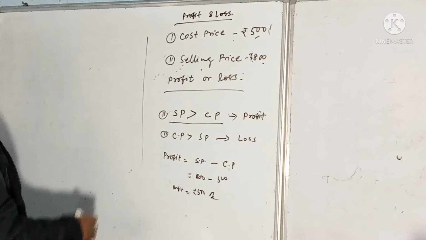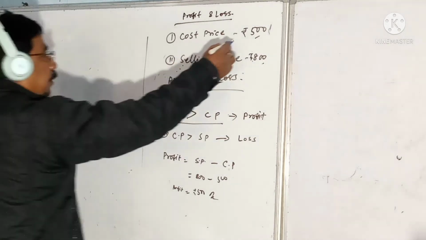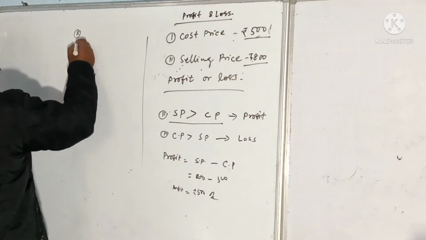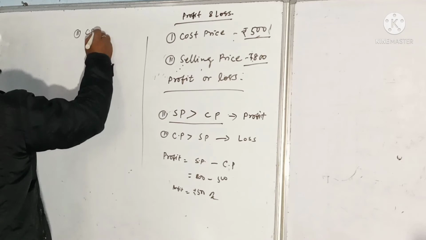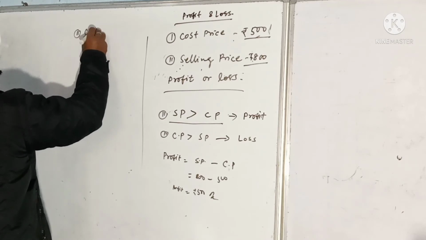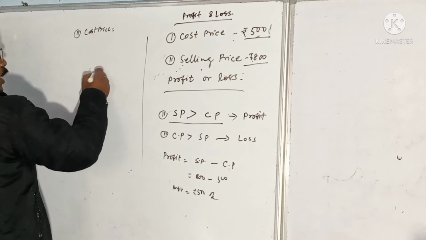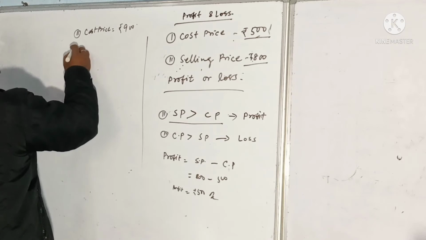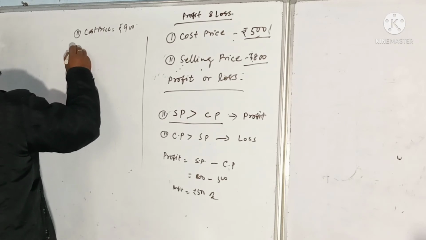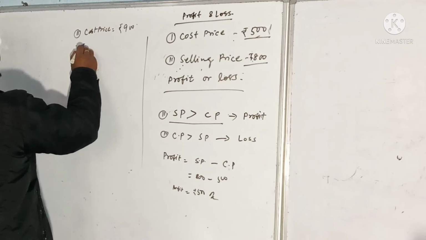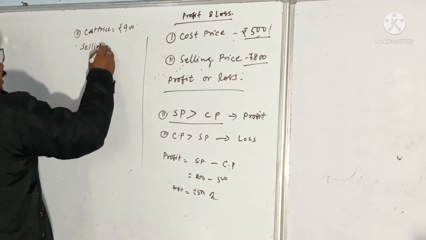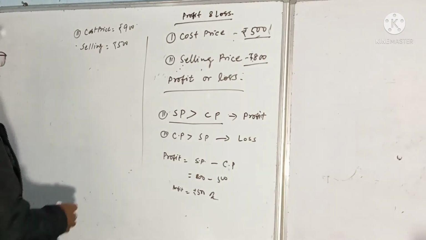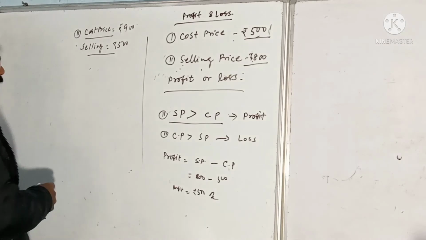And when the CP is big or the selling price is small, let's take a second question. CP, or cost price, is equal to 900 rupees or dollars, and selling price is equal to 500 rupees or dollars. Here are cost price and selling price.